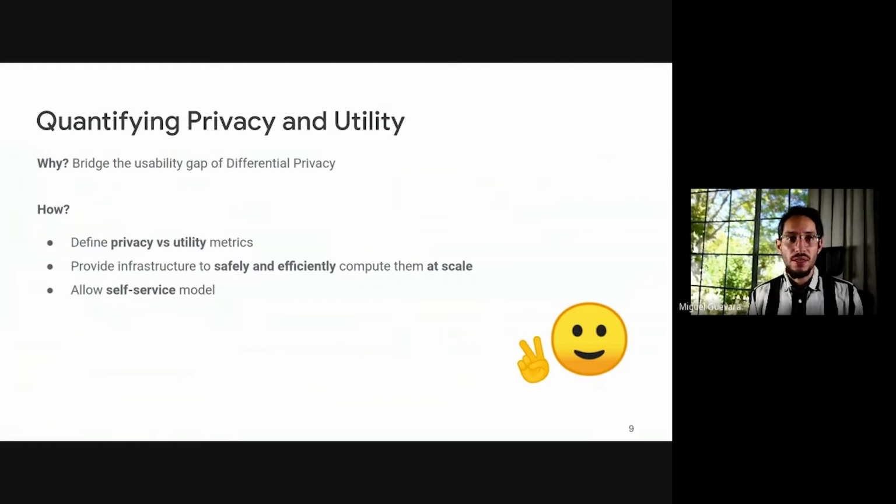The way that we did it, and we'll explain it to you, was by defining privacy versus utility metrics. We also provided infrastructure so that people could safely and efficiently compute them at scale. Think of computing metrics on terabytes of data. Finally, we allow for a self-service model so that users can see in real time the impact of privacy parameters on their data, and if they want to, they can tune them in real time.